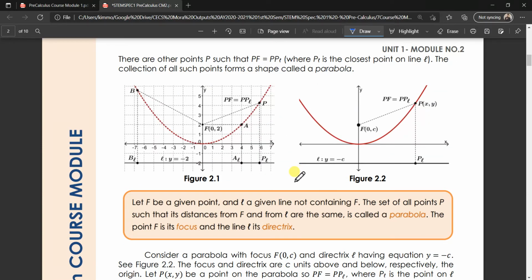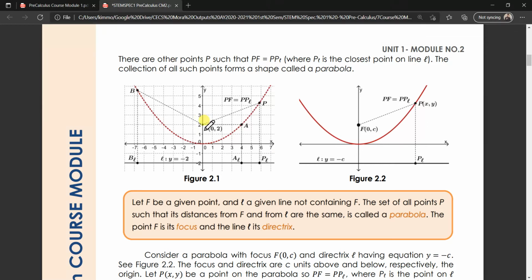So let F be the given point and L a given line which is not containing F. So we have a line, and then we also have point F. So the set of all points P such that its distance from F and from L are the same. So if they are equal, for example, let's take a point here.